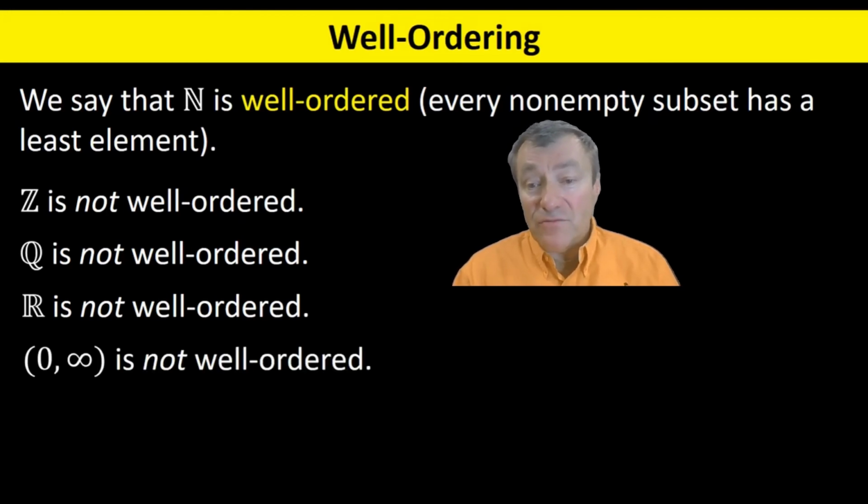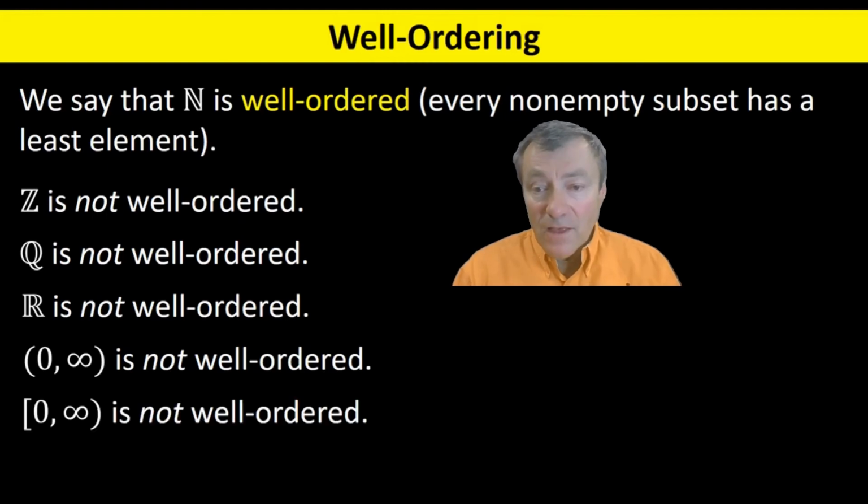And the positive reals, that also is not well ordered. Same reason. Now this interval, 0 to infinity including 0, the non-negative real numbers, has a least element. However, it's not well ordered because the positive reals is a non-empty subset of this set with no least element.